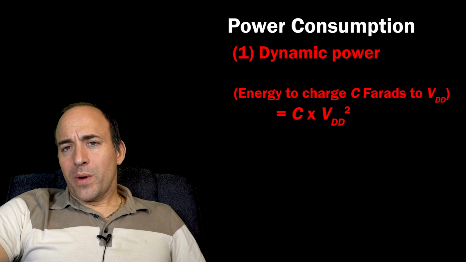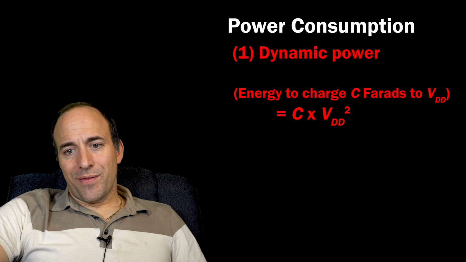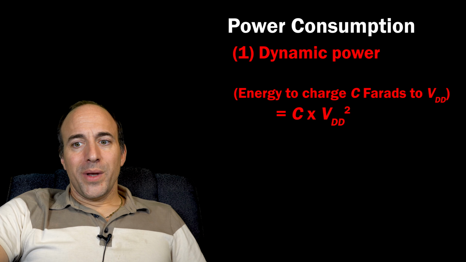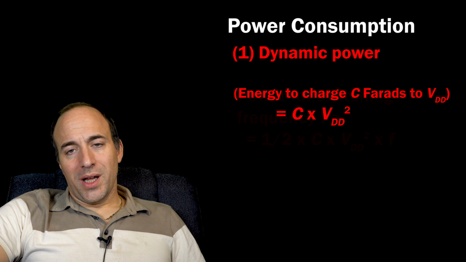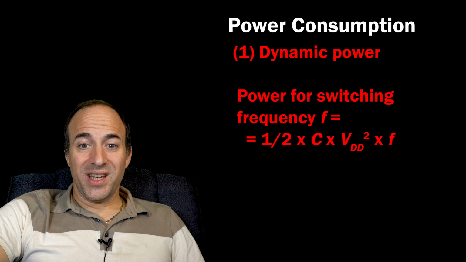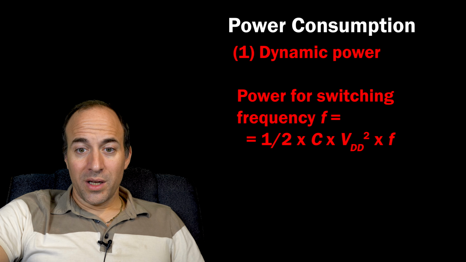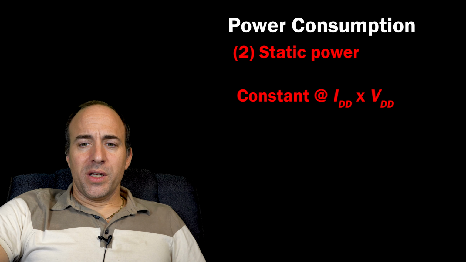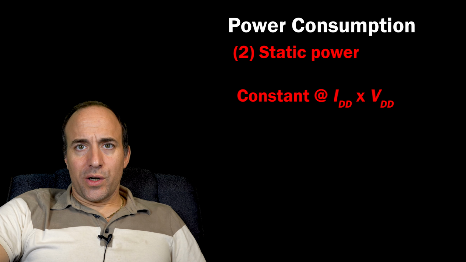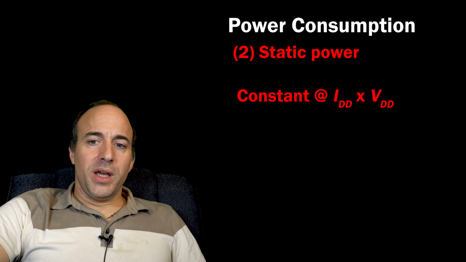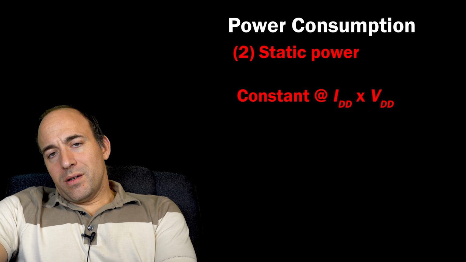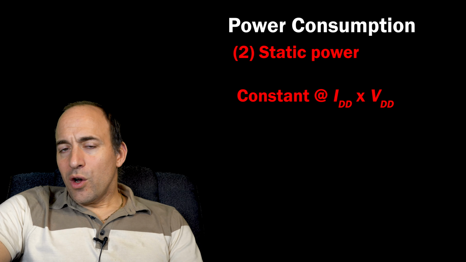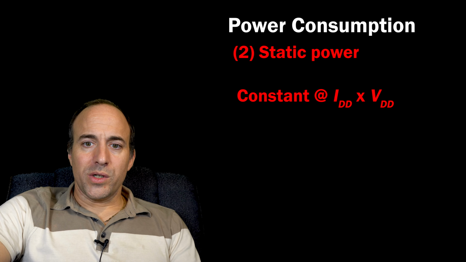So when the switching rate is F hertz and half the transitions are pull-ups, we can estimate the dynamic power consumption as 1/2 times C times VDD squared times F. The static power consumption is due to the leakage current that passes through the pull-up and pull-down networks at all times, even when the gate's not switching.